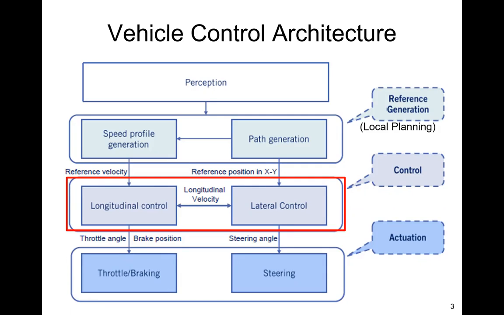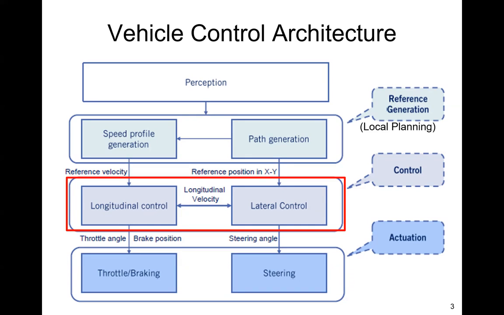Then the controller needs to follow the provided trajectory by performing longitudinal control, which follows the reference velocity, and lateral control, which helps to track the reference position. And longitudinal velocity V is shared among the lateral control and longitudinal control because the car is a so-called bicycle model.